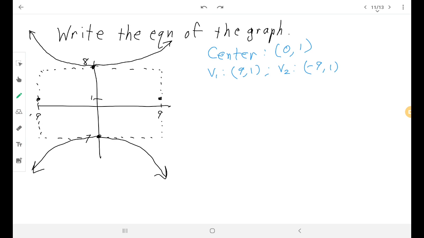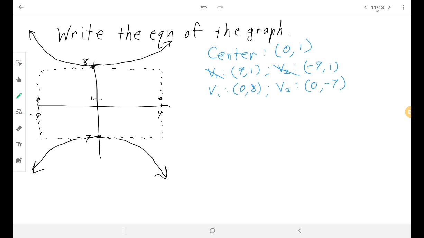So now I know the center, I know the vertices, and, those aren't really the vertices, are they? Those are the B distance ones. The vertices are at 0, 8, and 0, -7.